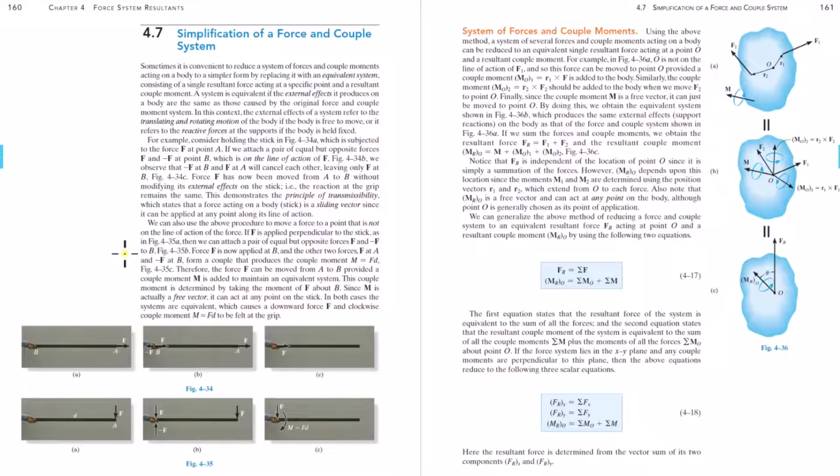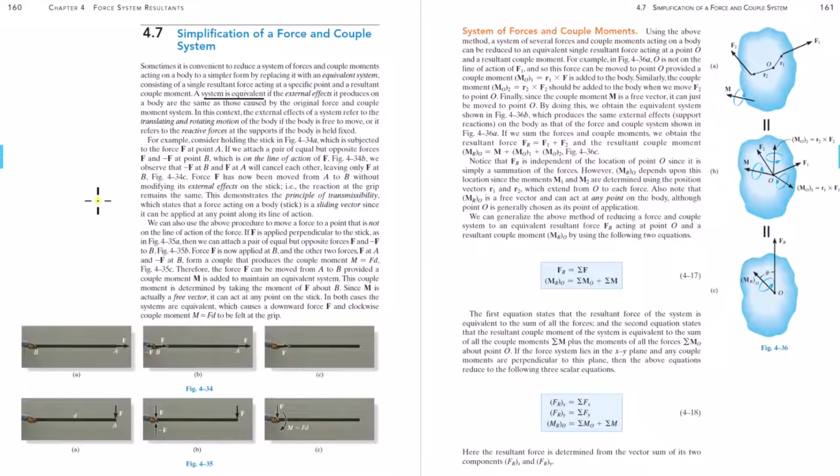Again, I just want to reiterate, sliding, fixed, free, what this means is that you can slide it, move it, or you can't move it because you can't change the system. You have to make sure the system is equivalent to the original system. If you calculated the moment vector about a point and you moved it, you wouldn't have an equivalent system anymore.